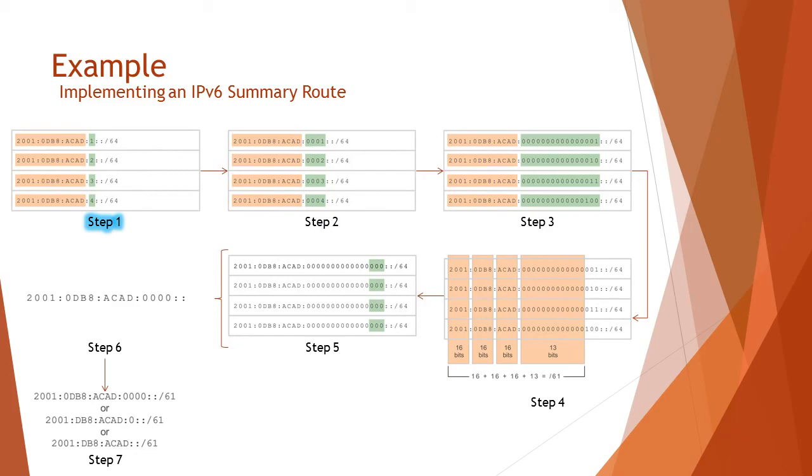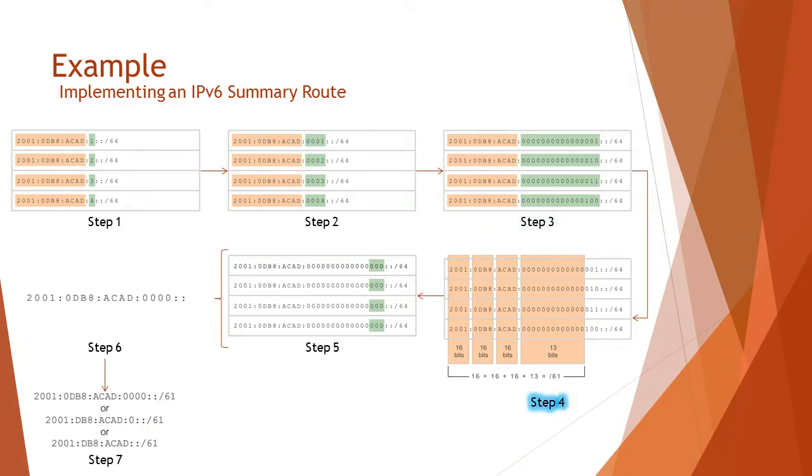In this example, we first list the network addresses and identify the part where the addresses differ. In this case, they differ in their fourth section. Then we expand the IPv6 address where we found the different section. After that, we pass the different section from hexadecimal to binary.